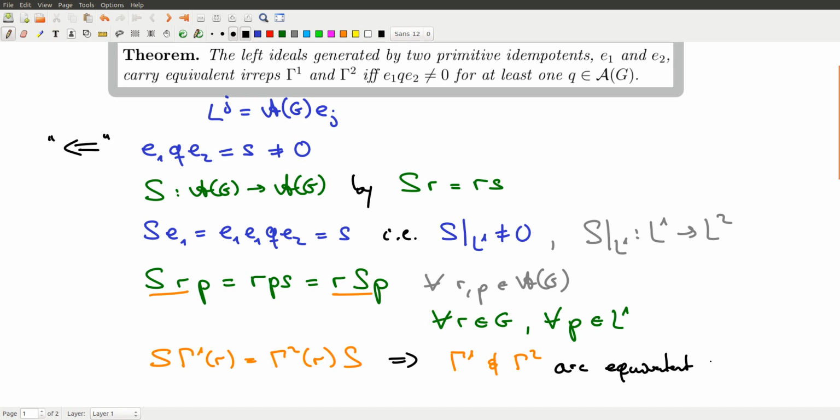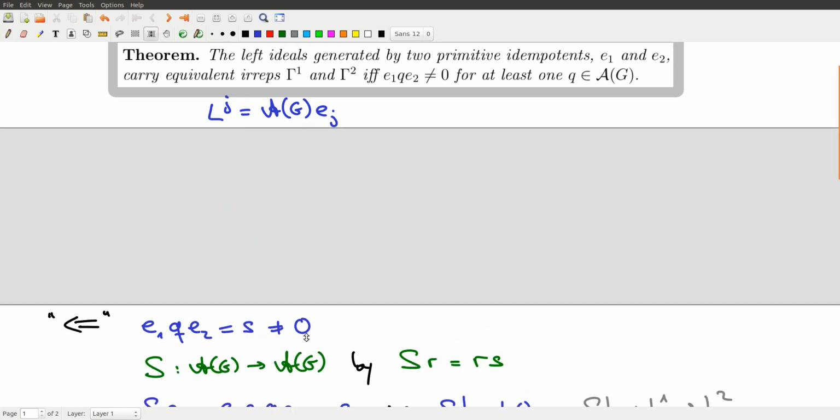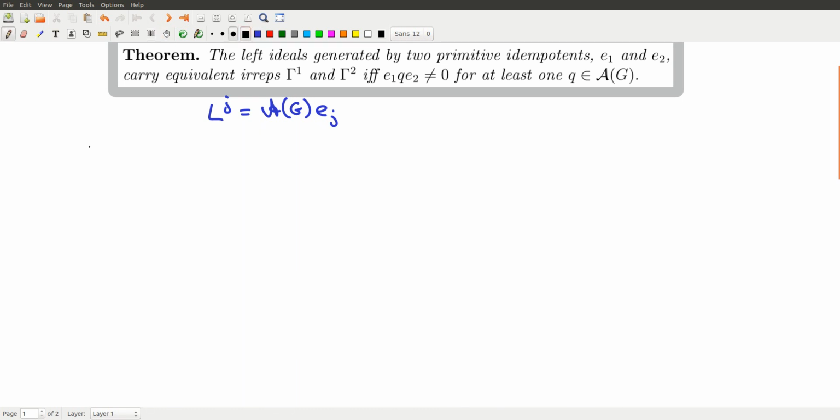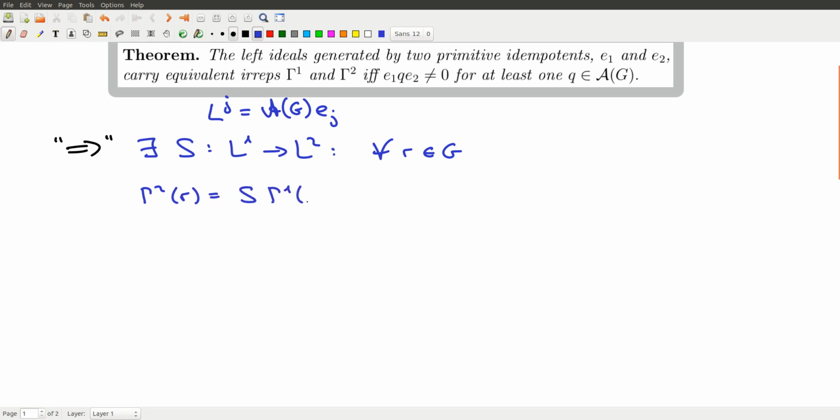Now what about the other direction? We start with equivalent irreps. So this means there is a linear map S from L1 to L2 such that, say, for all R in the group, we have that gamma 2 of R is the same as S gamma 1 of R S inverse.